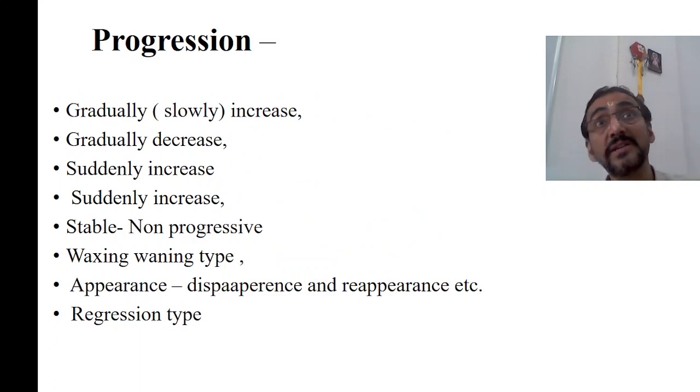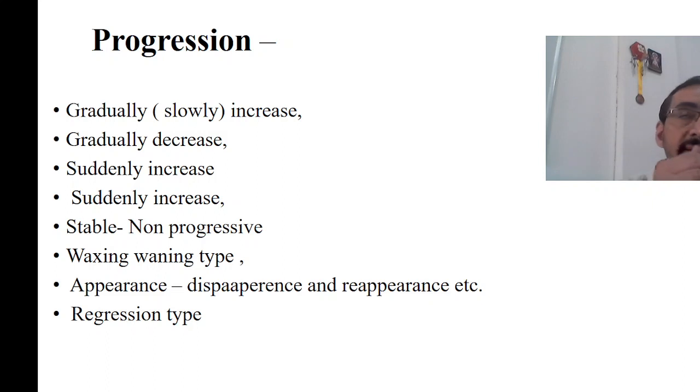Now look at the progression of the disease. The symptom which has started may be gradually increasing or gradually decreasing. After the beginning of that particular problem, how is it progressing? Progression may be increasing, decreasing, or stable.